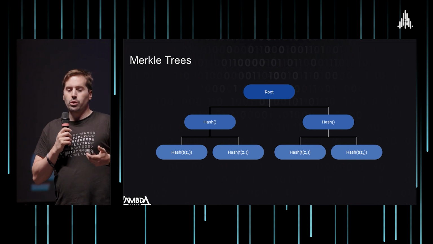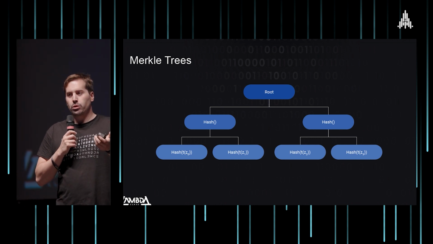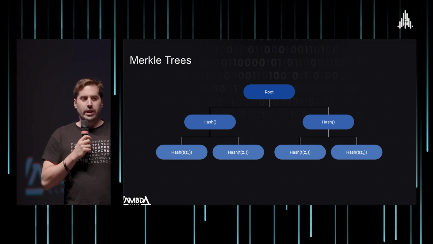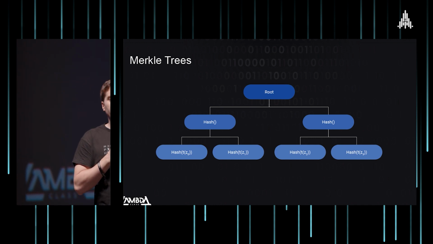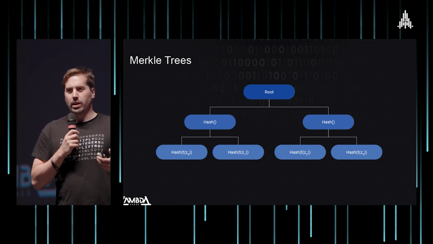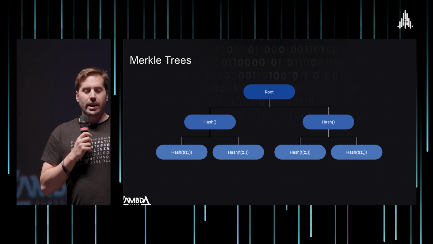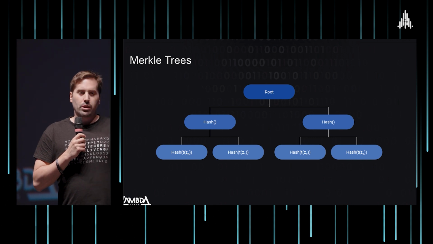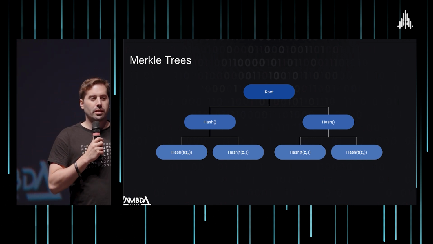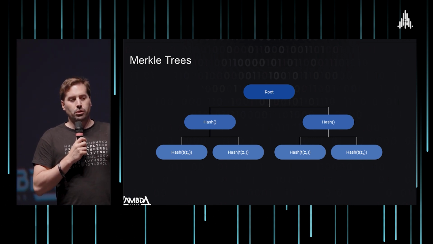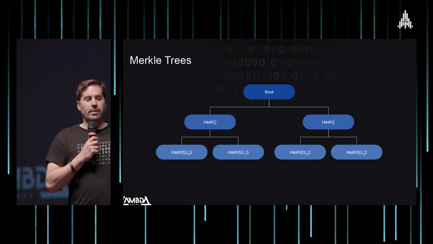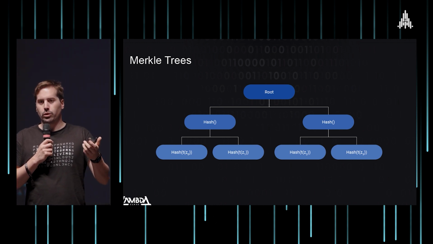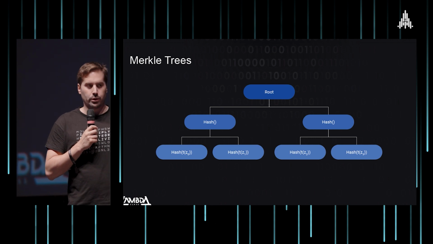So what we do is we get to the root and we give the root to the verifier so that he knows that we committed to any of these values. If we try to change and pass one value which is not included in the tree, then because the hash function is collision resistant, we shouldn't be able to find a valid authentication path to get to the root if we are passing wrong values.